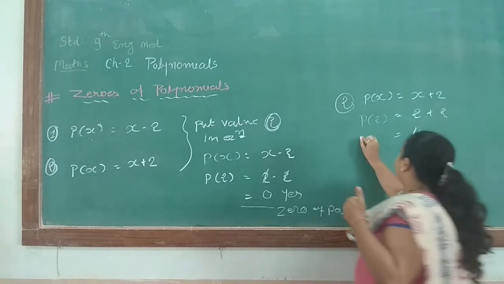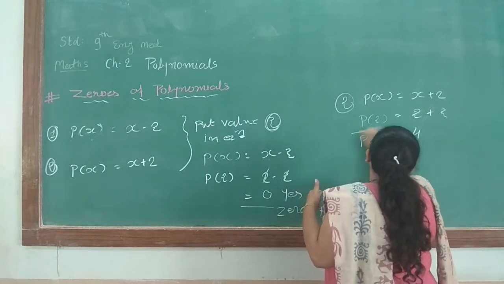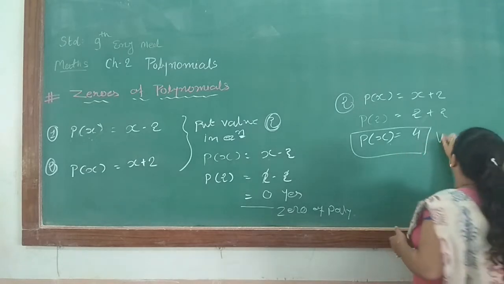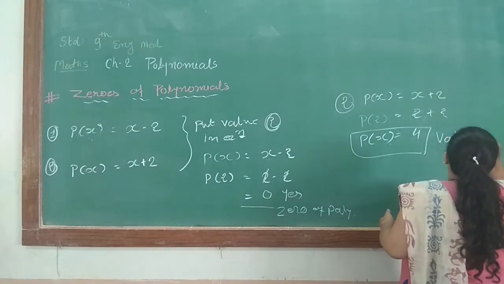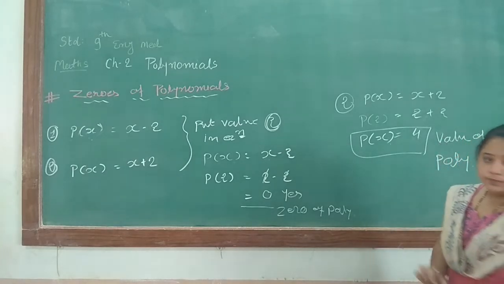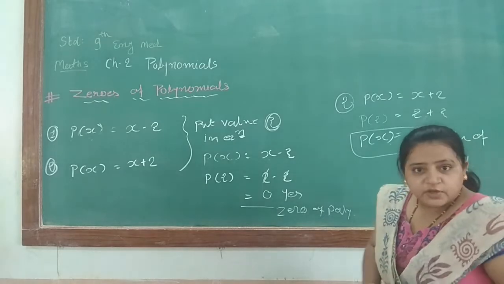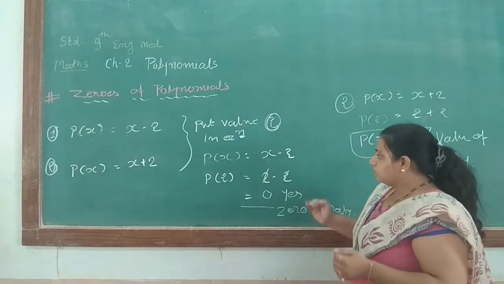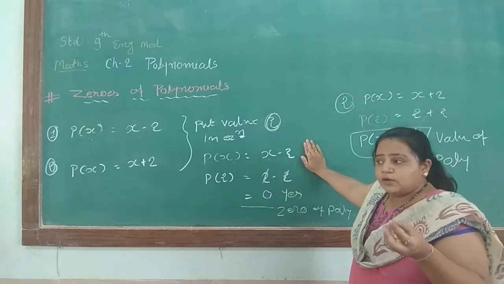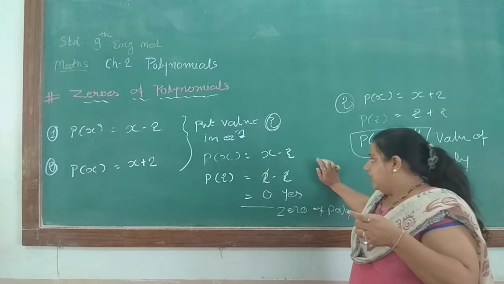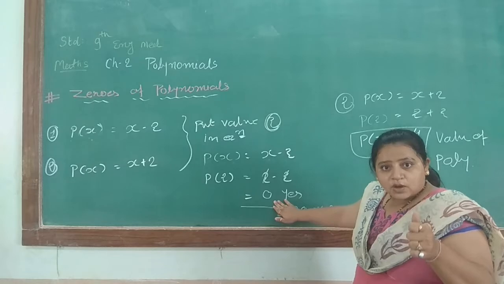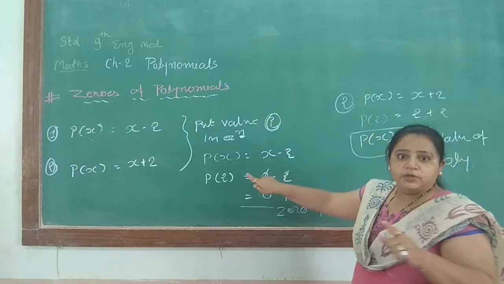We can say it is a value of the polynomial. When you use any number for the variable and then derive it, and at last if the answer is zero, then it is a zero of the polynomial.